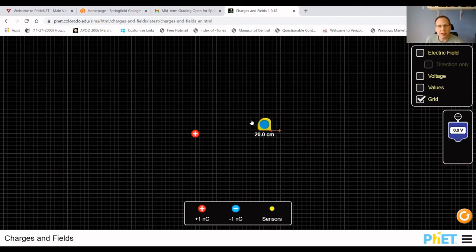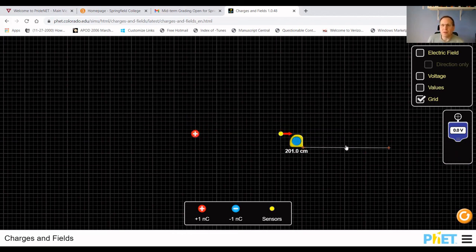You could use a tape measure, put it at the charge in the center, and measure out 2 meters if you want to go to 2, 0. But 2 of these large grid lines represents 1 meter, 100 centimeters. So we actually want to go to right here. It may not be exact, but as long as you're close, that'll be good enough. So you're going to put a sensor at that location.